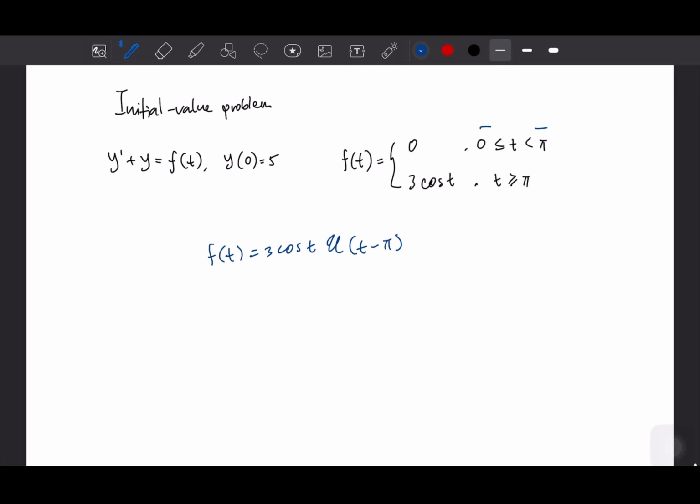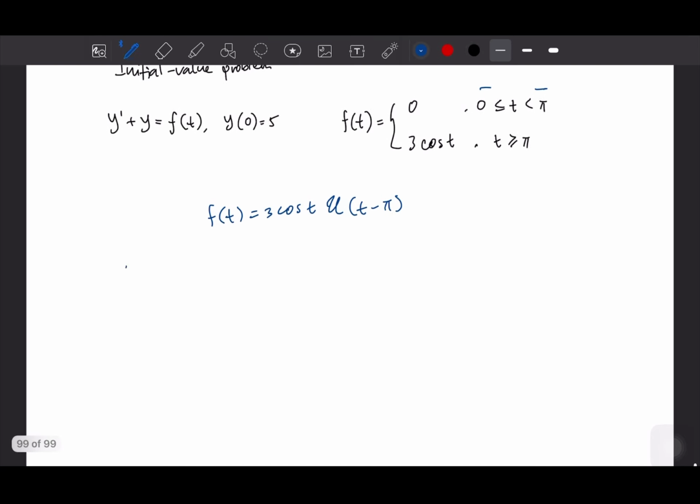All right, and then we take Laplace. Let me write it completely: y prime plus y equals 3 cosine t times Heaviside, and then take Laplace.